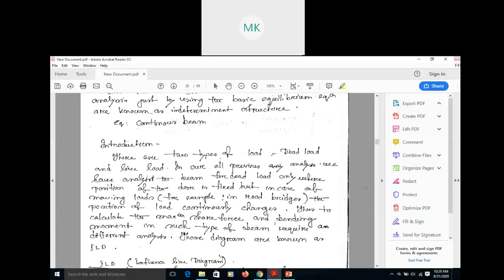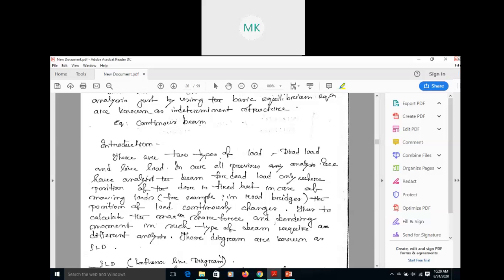So I think all of you know we have basically two loads. Okay, dead load and live load. Whatever we have calculated till now in your earlier semester, we always did for the dead load. But for this chapter, we also need to consider the live load. As all of you know, live load is not a fixed load, it is moving.